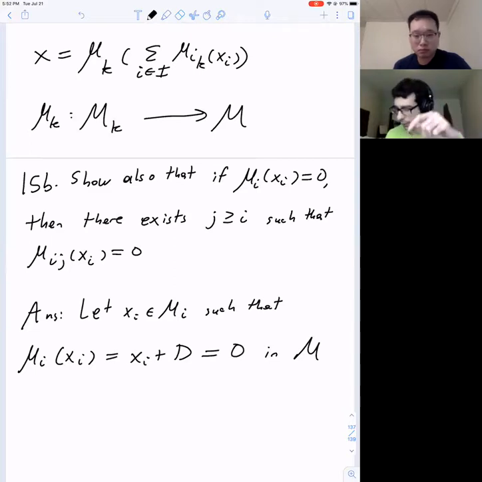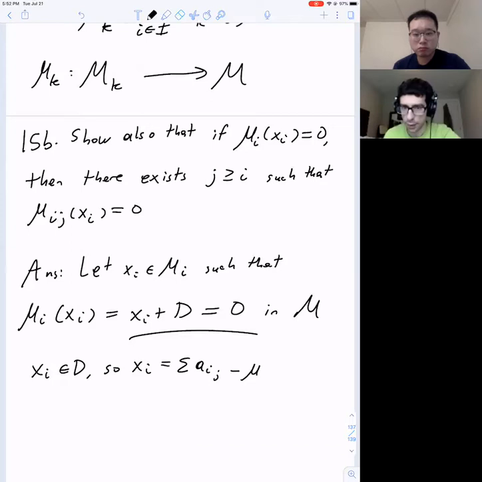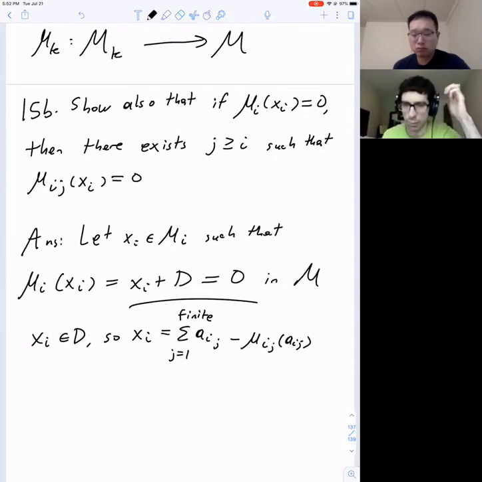So if this is true, then xi is an element of D, so that means that xi equals some collection of things like this. I have made some notes.